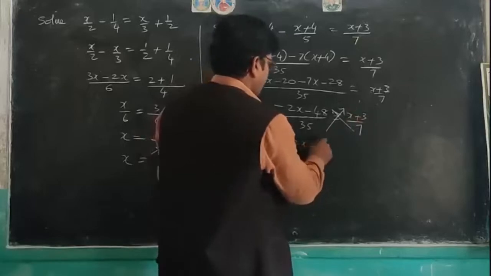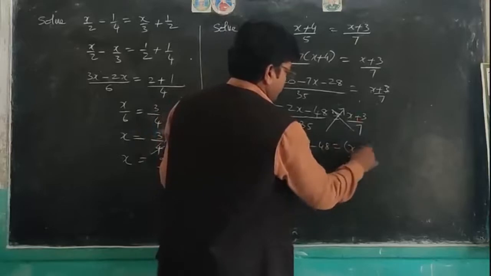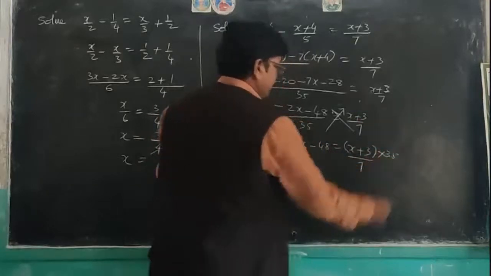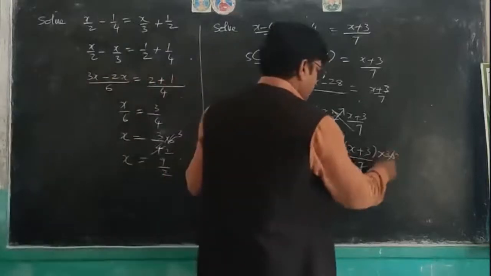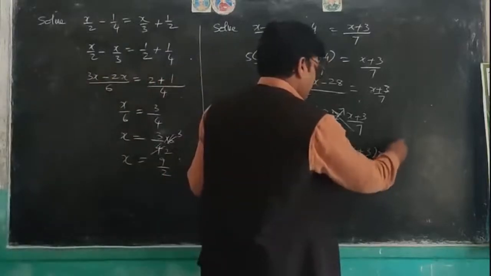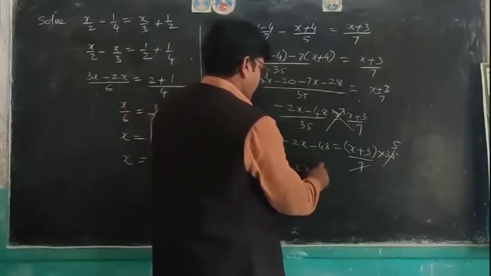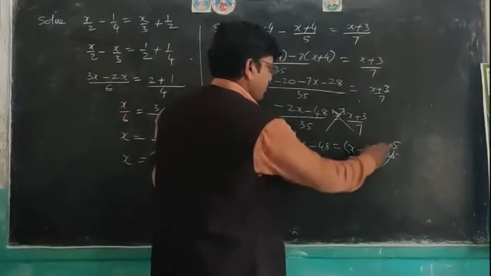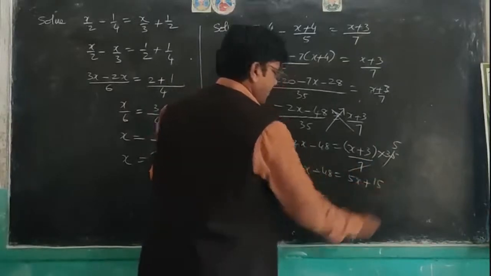Minus 2x minus 48 equals x plus 3 by 7 into 35. Because 5 sevens are 35, minus 2x minus 48 equals 5 into x plus 3, that is 5x plus 15.